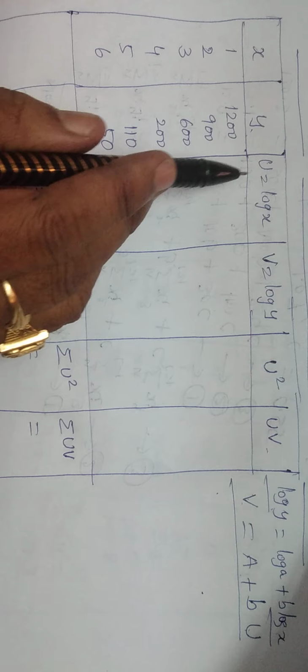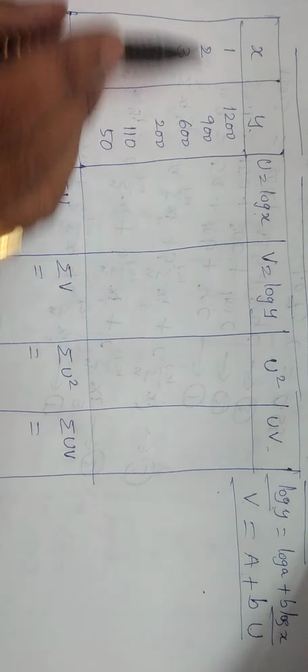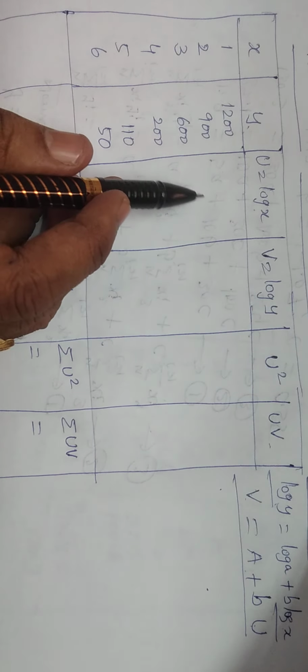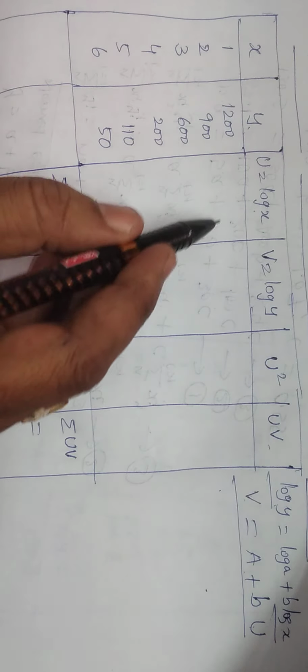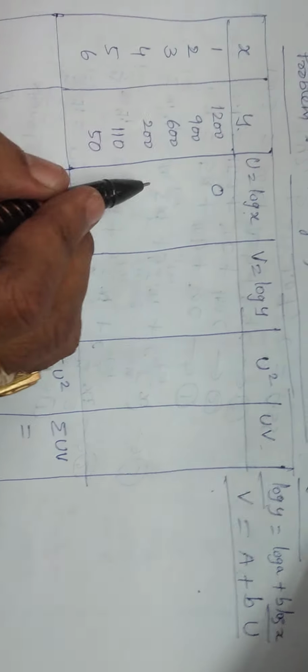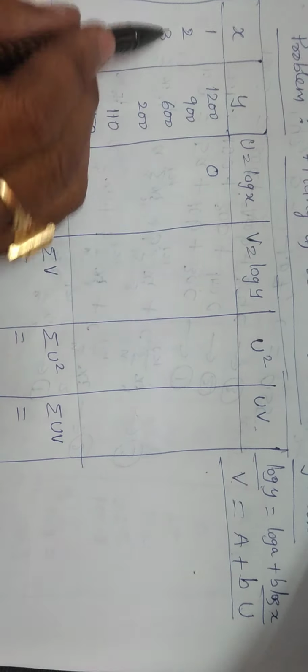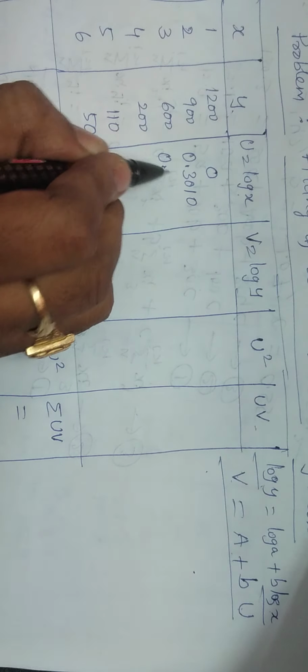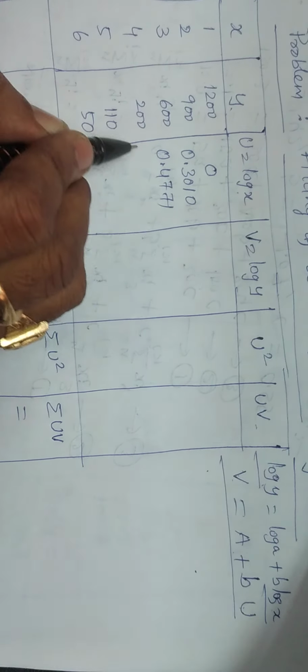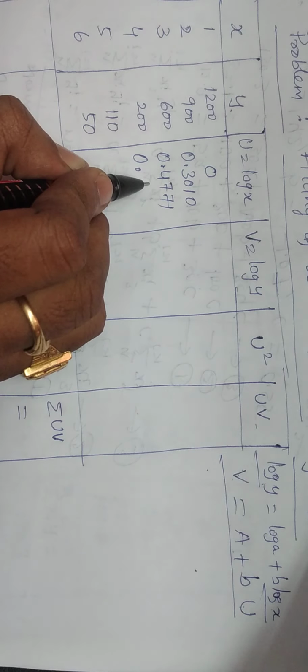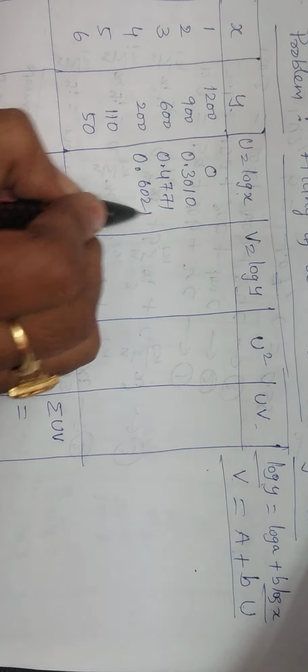For this, you have to calculate u is equal to log x. Take the calculator: log 1 is 0. Log 2 is 0.3010. Log 3 is 0.4771. Log 4 is 0.6021.